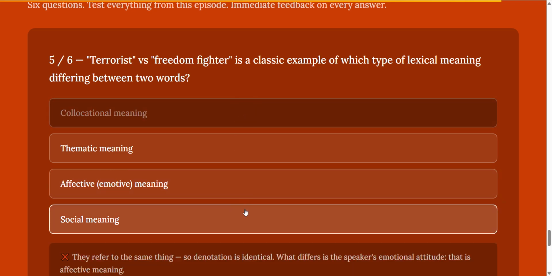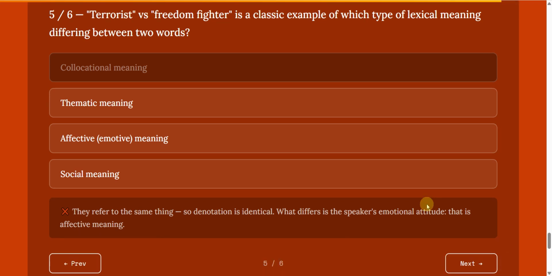Oh, that got wrong. They refer to the same thing, so denotation is identical. What differs is the speaker's emotional attitude, that is affective meaning. So this one is the correct one, affective meaning, as it is linked to emotions.